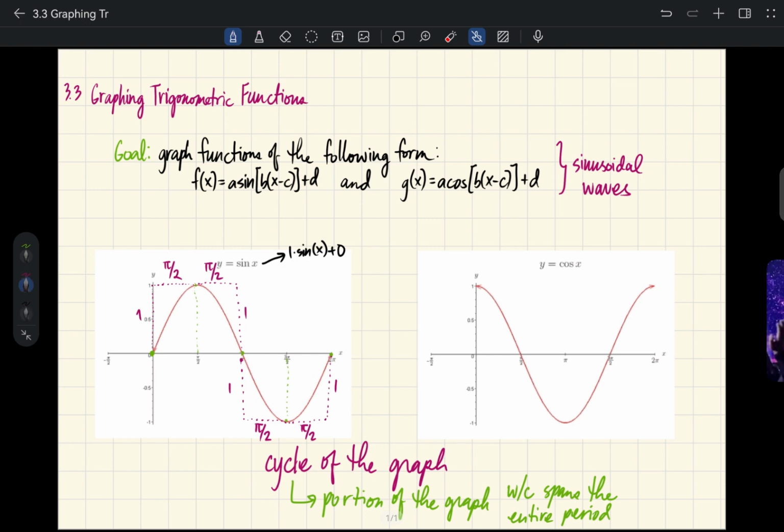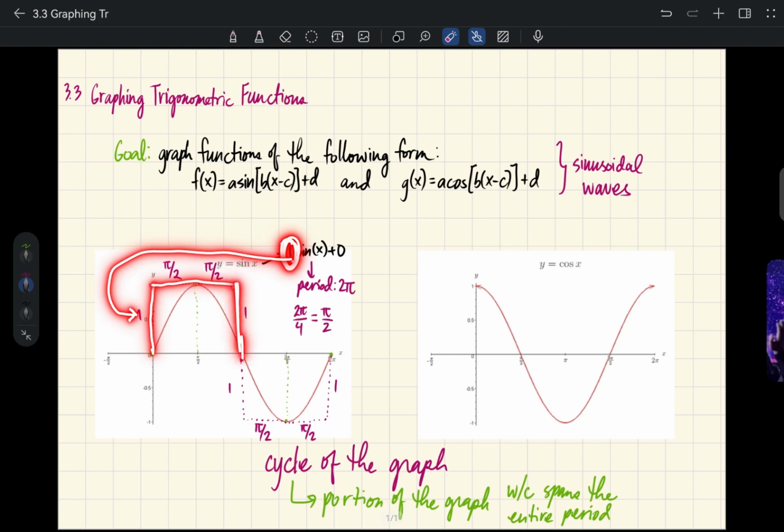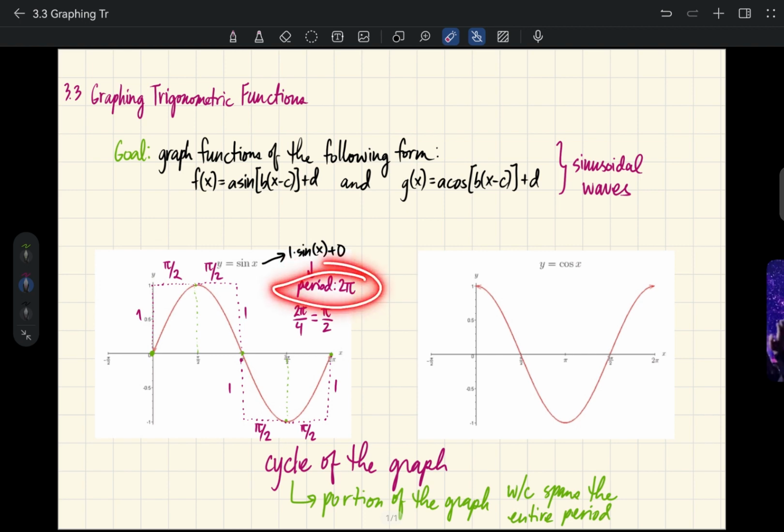Furthermore, your sine function has period 2 pi, and 2 pi divided by 4 is pi over 2. So this number 1 right here corresponds to the vertical movement for our framework. And the period, if you divide by 4, would give you our horizontal movement.